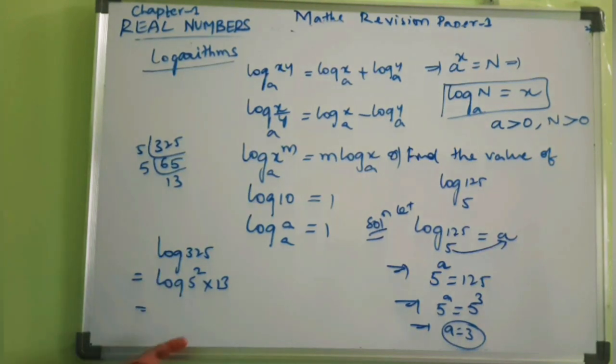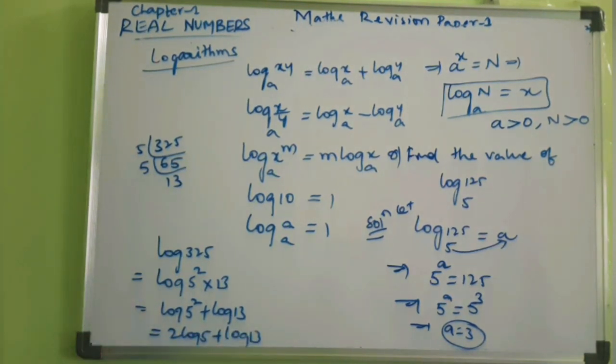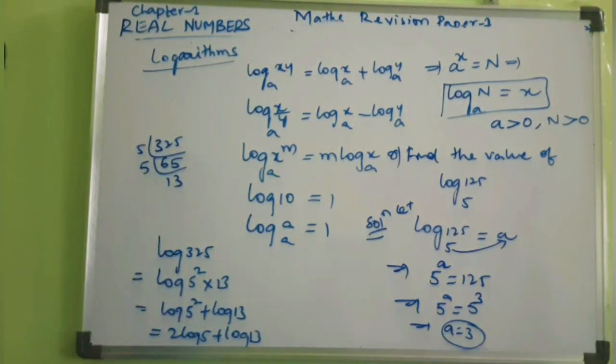So we have to expand it. This is a log of x into y. So log of 5 square plus log of 13, that is 2 log 5 plus log 13. This is the expansion. They may ask for 1 mark also. This is expand log 325. So 2 log 5 plus log 13.